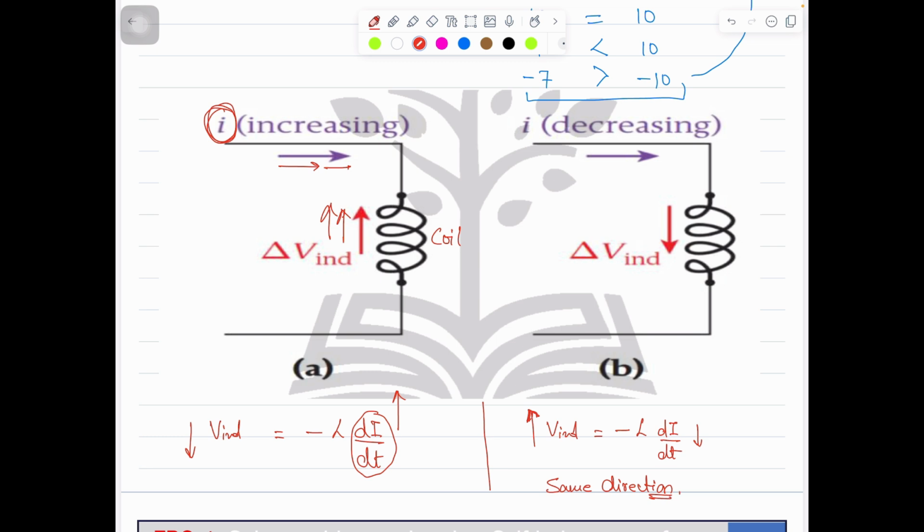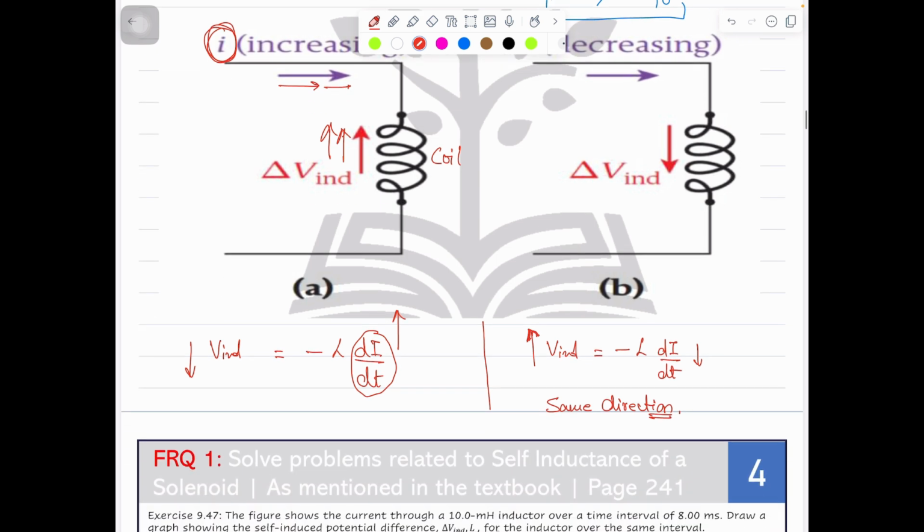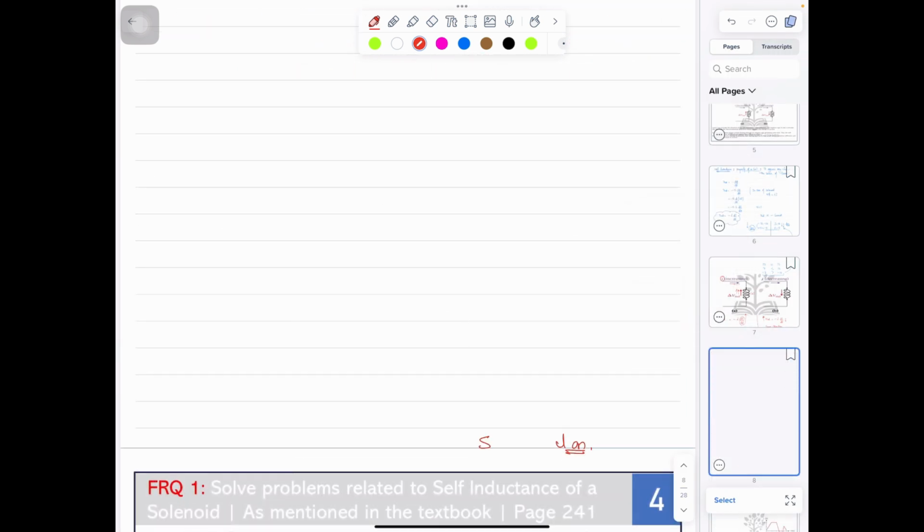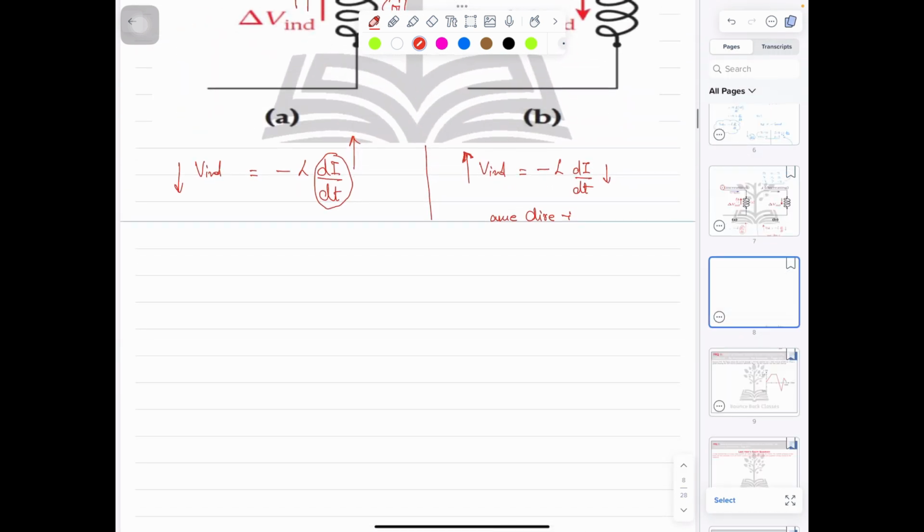Same direction means, if you observe with the values, let's say I've added a page for you. Now try to understand both cases with the numbers. Now, current is increasing. Let's say this is your I1, this is your I2. I is 10 now and voltage is negative 5. Clear?